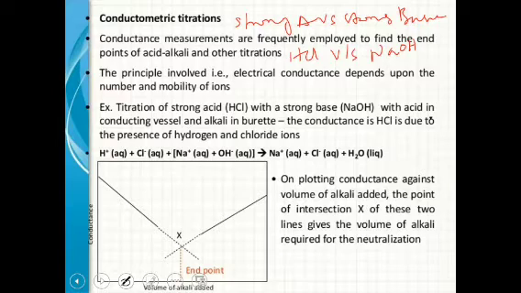Before starting the titration, only HCl is present in the beaker. Because it is a strong electrolyte, it will show high conductance, because the ionization power of HCl is high. HCl dissociates into H+ and Cl-. Due to the presence of the highly moving H+ ion, it shows high conductance.